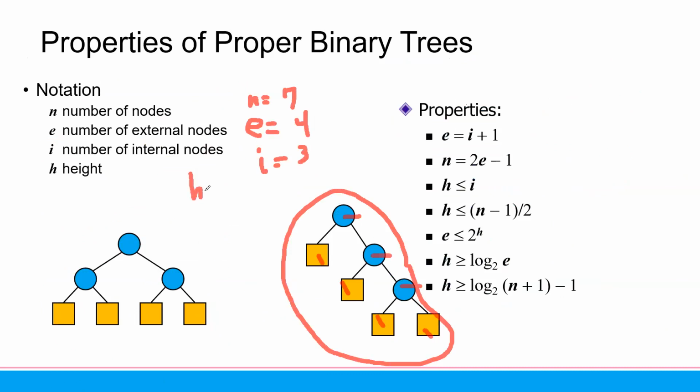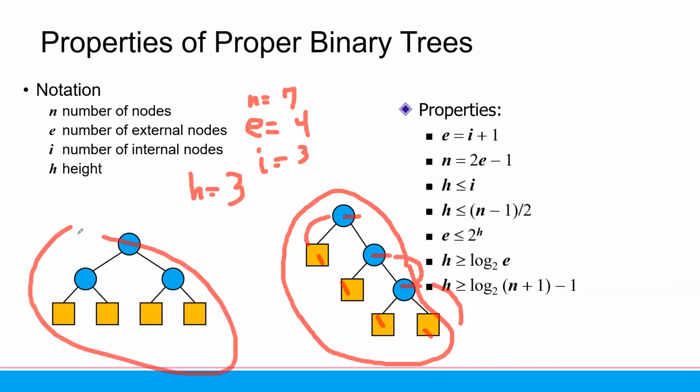What about the height? 1, 2, 3. Okay. In this case, the height is 2. But in this case, the height is 3. So that's why h will be less than or equal to N minus 1 divided by 2.